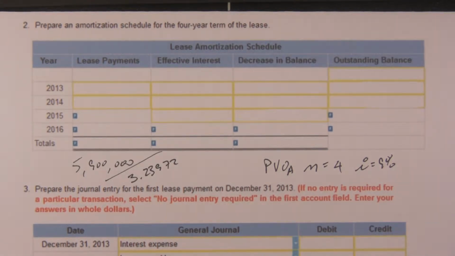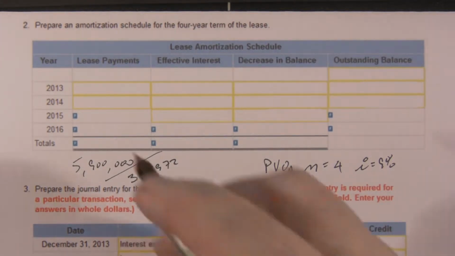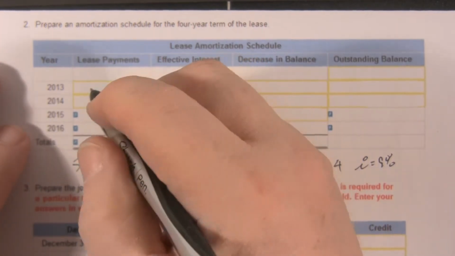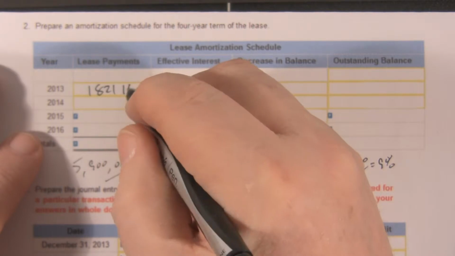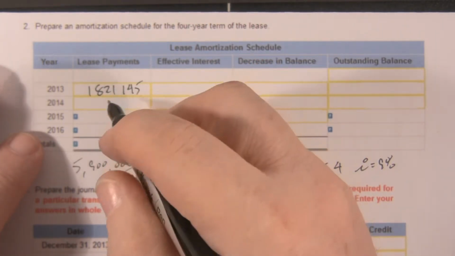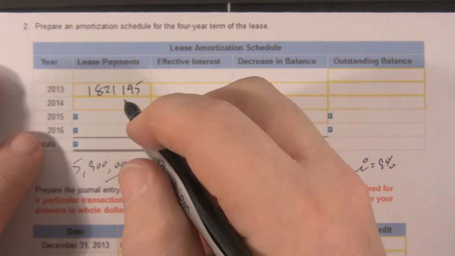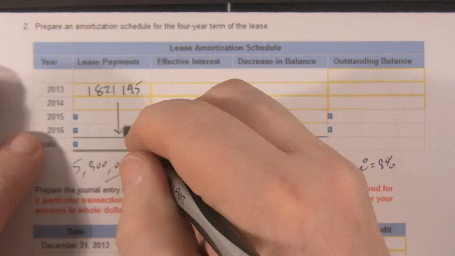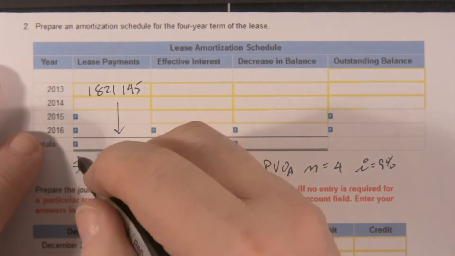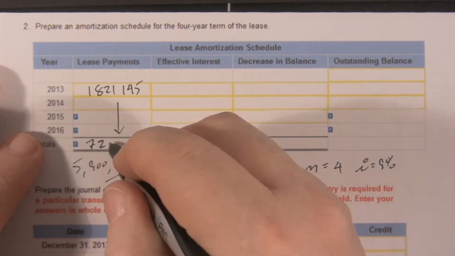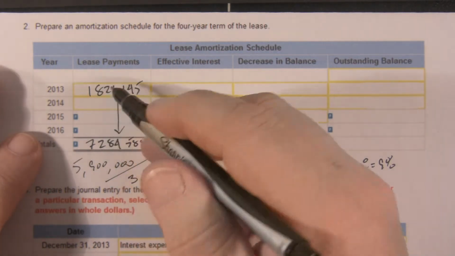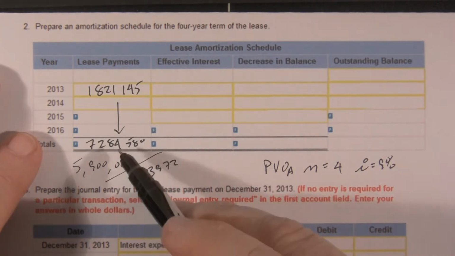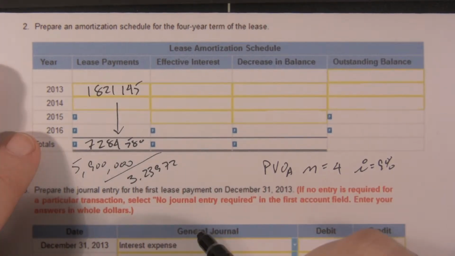That's how much each payment will be, and when you work that out, that's $1,821,145. And each payment will be exactly that same amount, for a total of $7,284,580. The difference between the 5.9 and the 7.2 is their profit.